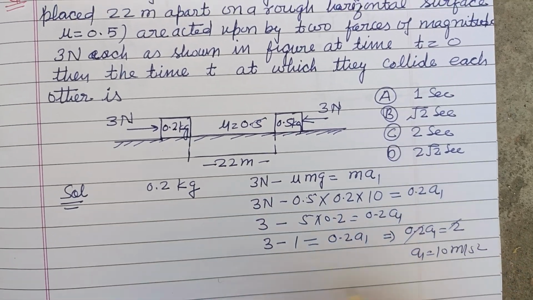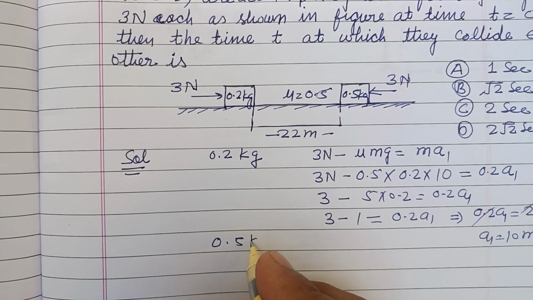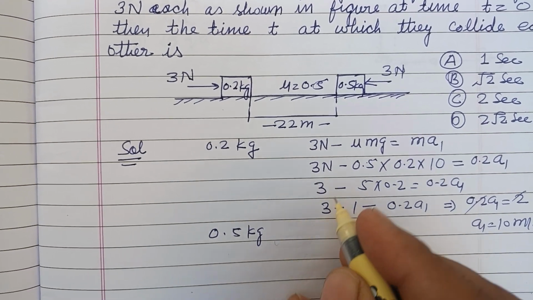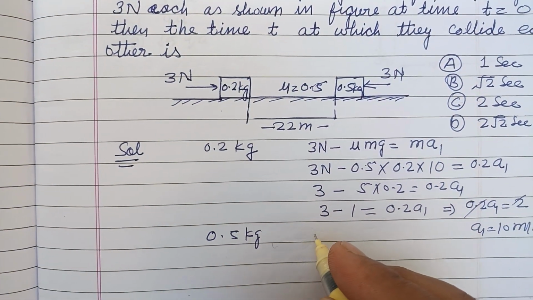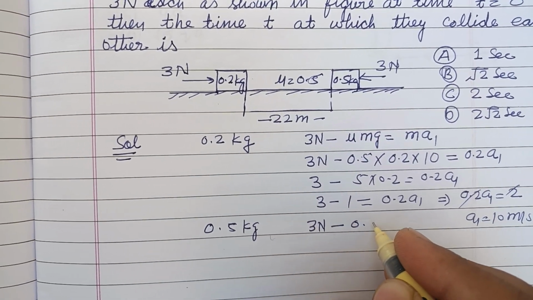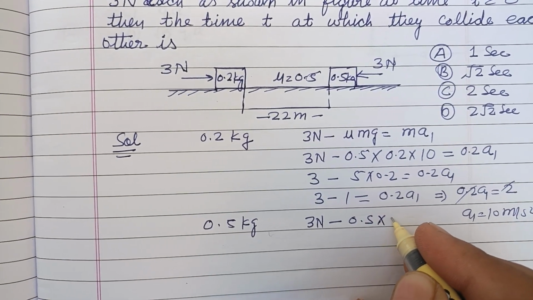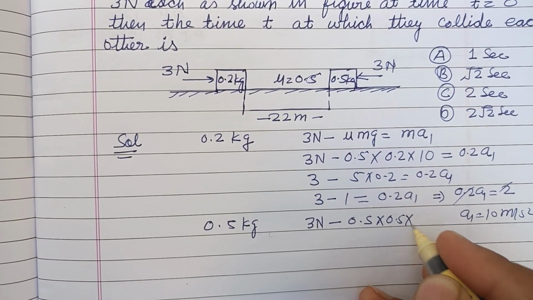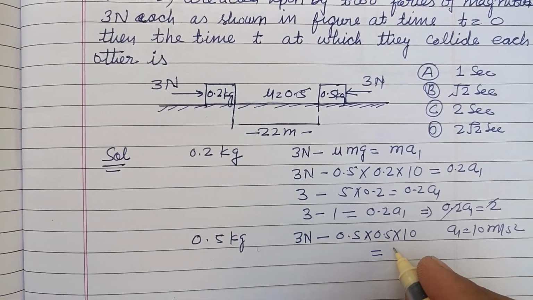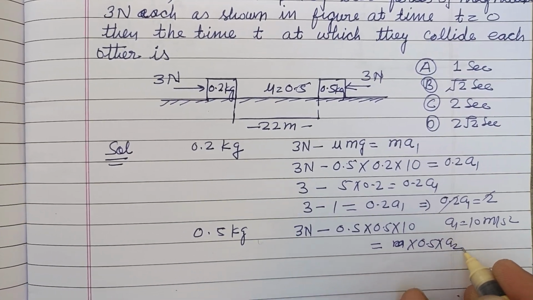meter per second square. For the block of mass 0.5 kilogram, here the force is acting in this direction. So 3 Newton minus mu R equal to mg, where m is 0.5 and g is 10, equal to m, which is 0.5, into a2.